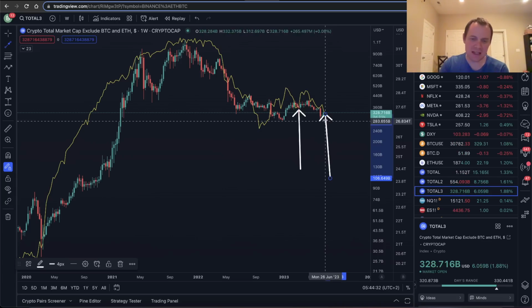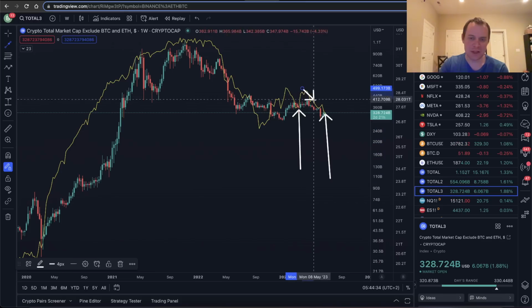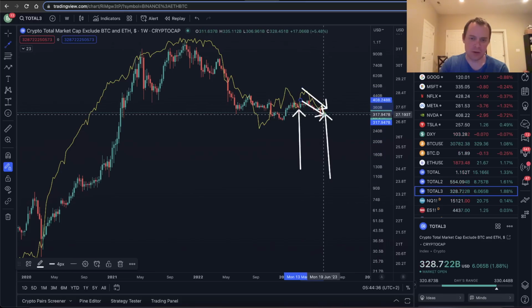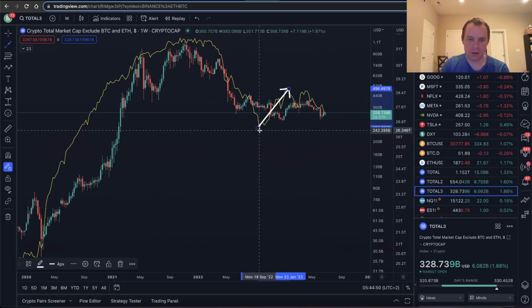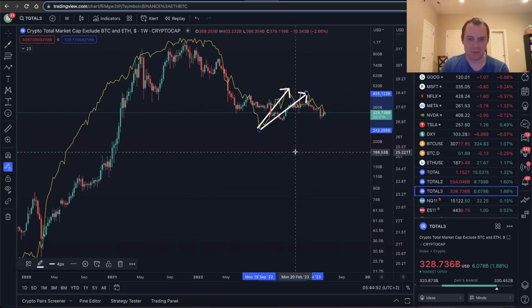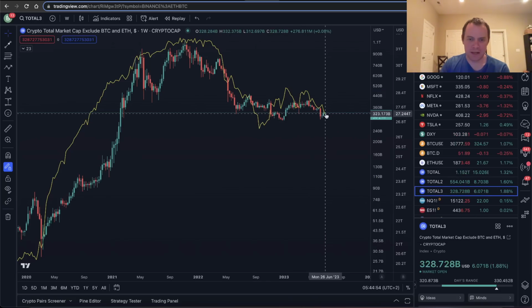And you can see here that as liquidity is drained, the altcoin market does not respond in a kind way. It tends to go down if overall liquidity is going down. You can see back over here where liquidity started to go back up, total 3 also started to go back up. But now that liquidity is back to where it was, look at this.